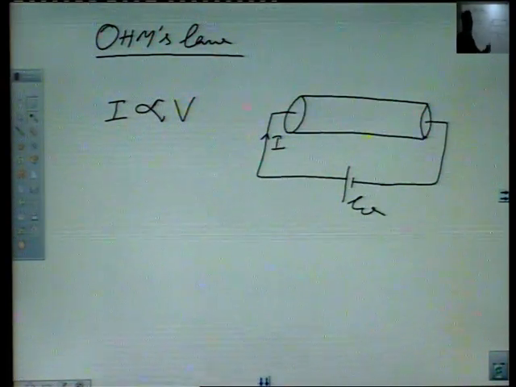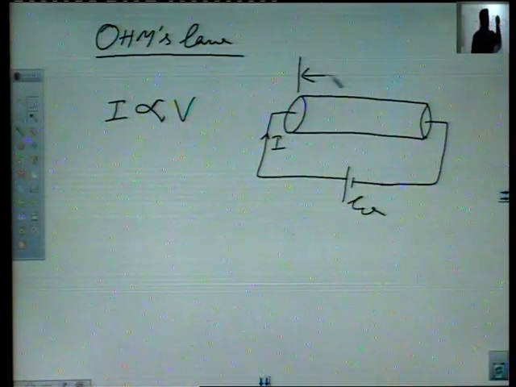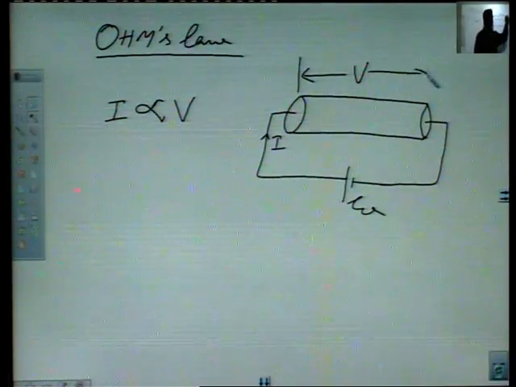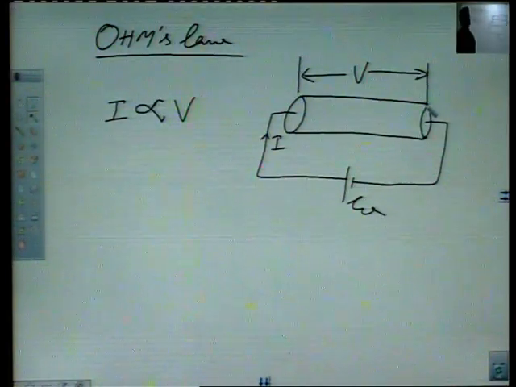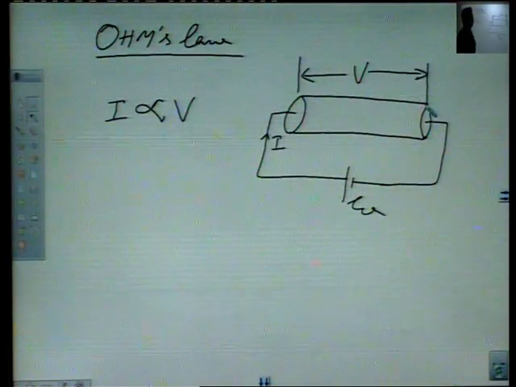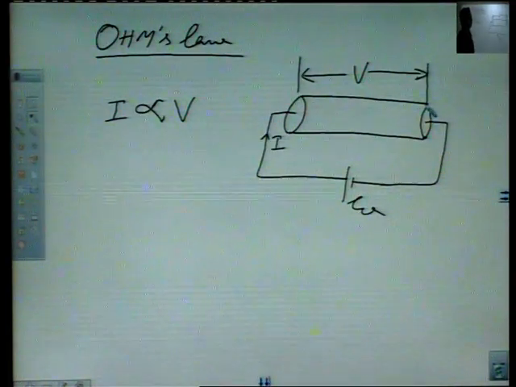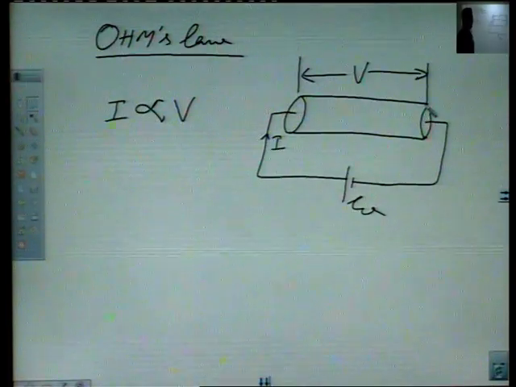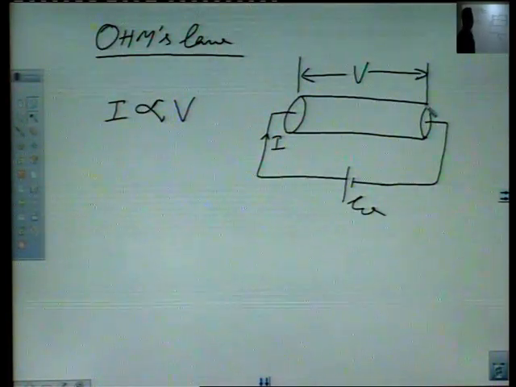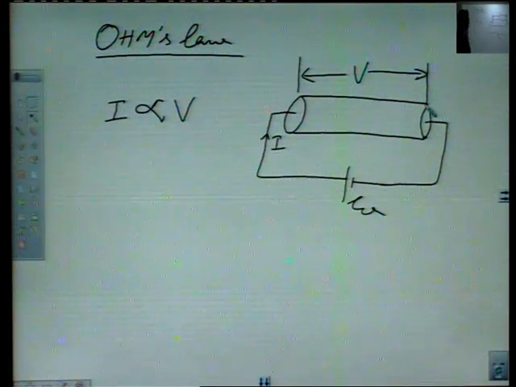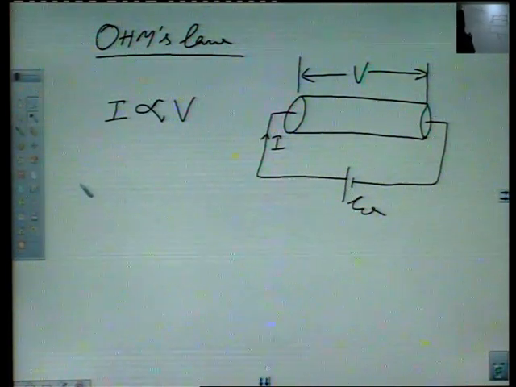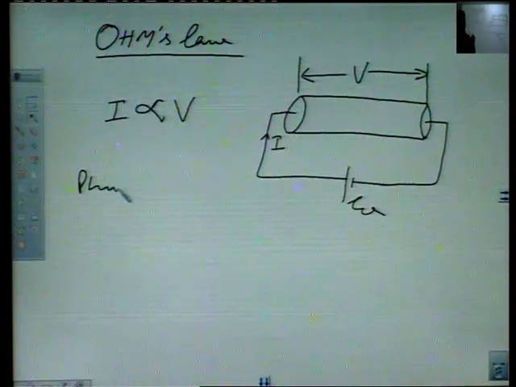If V is the potential difference across the ends of this conductor, then the current which will be set up in this conductor is directly proportional to the potential difference across the ends of the conductor, provided that the physical conditions of this conductor remain unchanged. So, what are those physical conditions which must remain unchanged?